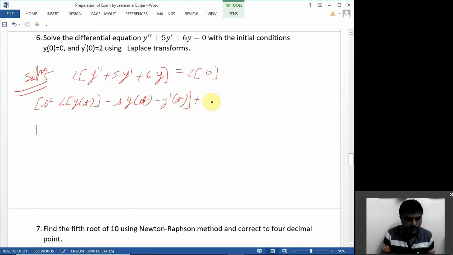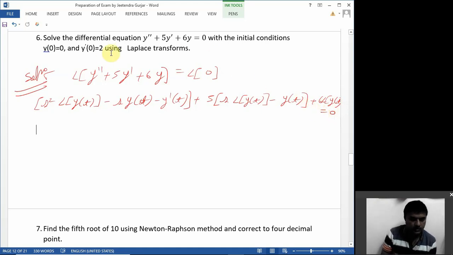Plus 5 times s L of y(t), minus y(0), plus 6 L of y(t). Okay, this is equal to 0. That is what we have done.